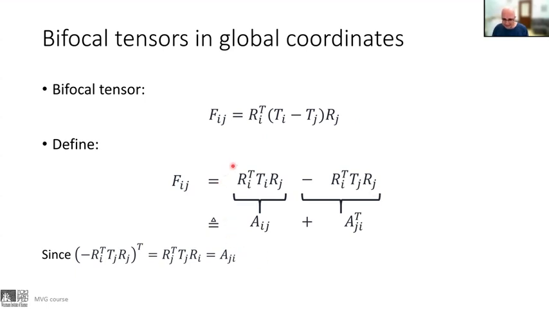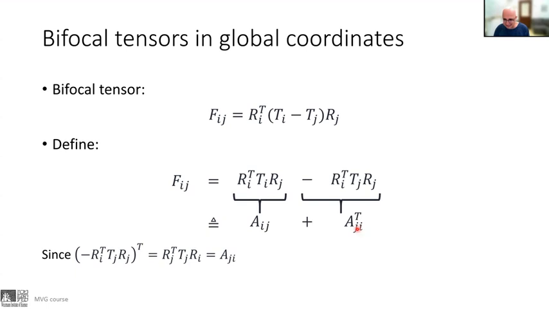And now let's call this term Aij. Aij is a 3x3 matrix produced by multiplying the first rotation, Ti, the skew symmetric matrix of translation, and Rj. Good. Now I want to convince you that this matrix is also a kind of Aij, but with two differences.